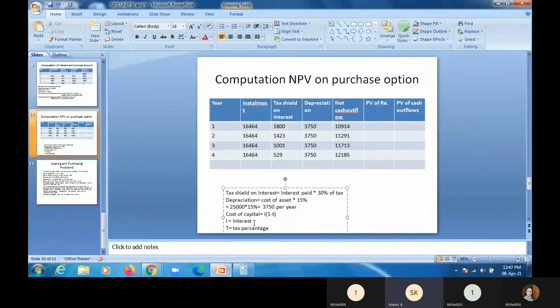Interest rate is here. Interest means not the total amount, interest rate you take. So the interest rate given here is 12% in the problem, and tax is given as 30%. Substitute here: 12 into 1 minus 30%.